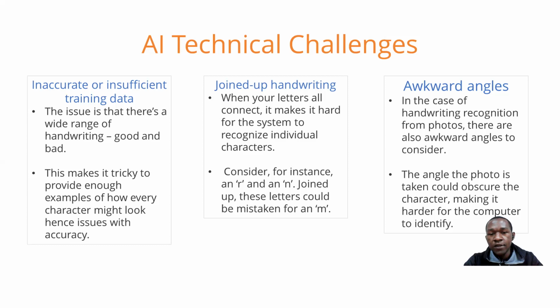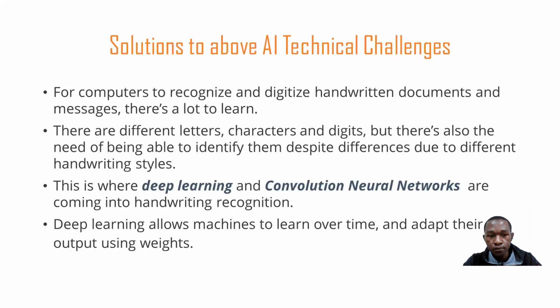The other technical challenge could be awkward angles. In the case of handwriting recognition from photos, there are also awkward angles to consider. The angle the photo is taken at could obscure the character, making it harder for the computer to identify. I think this makes sense in its own way.